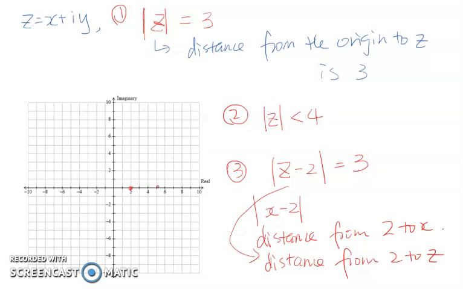So 1, 2, 3, there's 1 point here, another point here, another point here, another point here. So again, it will form a circle, and because it's equal, I can use a solid line. And the circumference represents this equation, the modulus of z minus 2 equal to 3. We don't need to shade outside or inside because it doesn't mention greater or less than.